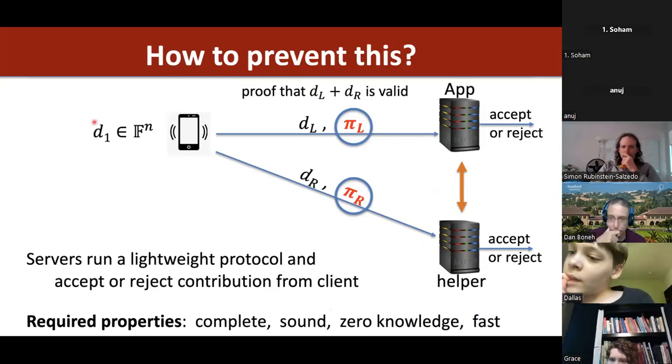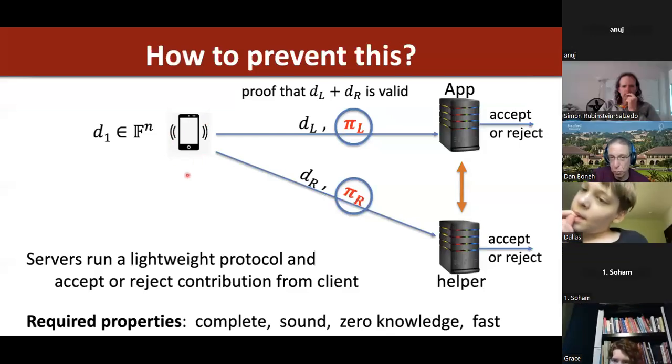I was just wondering, how would a malicious user send some data that isn't a binary vector? Well, this is coming, for example, from your phone or your browser. In particular, you can write a malicious application on your phone that sends a random vector DL to the app server and a random vector DR to the helper server.